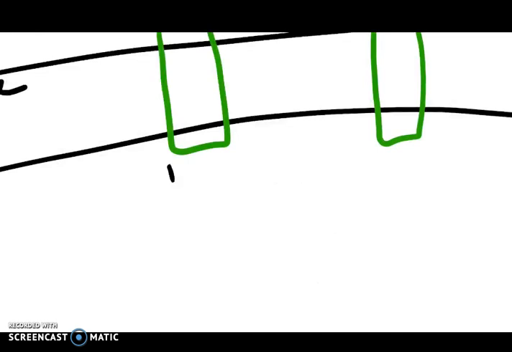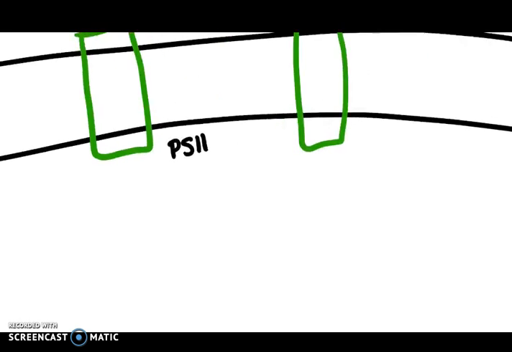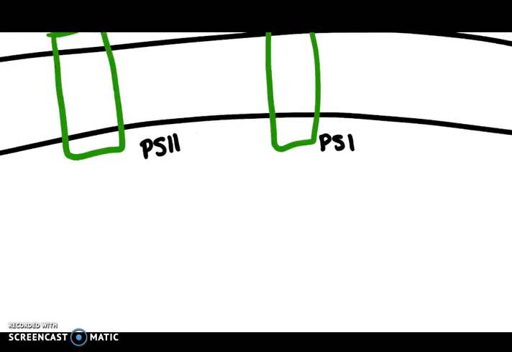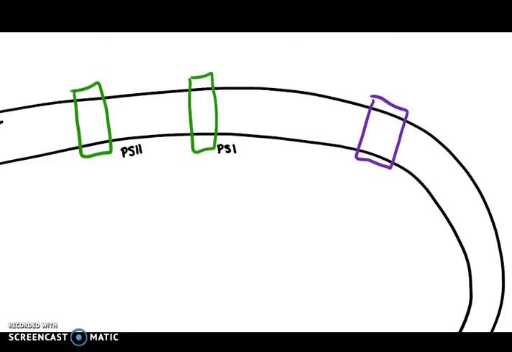This is going to be photosystem. Let me put it somewhere else that makes more sense. Photosystem 2, and then photosystem 1. And photosystems are just a big old cluster full of chlorophyll or some kind of pigment.